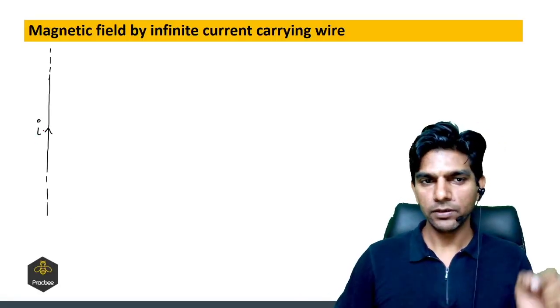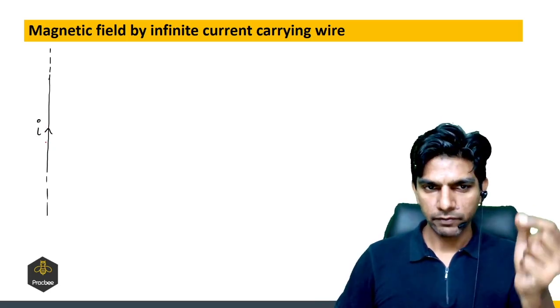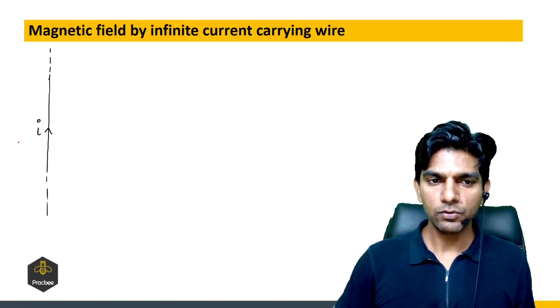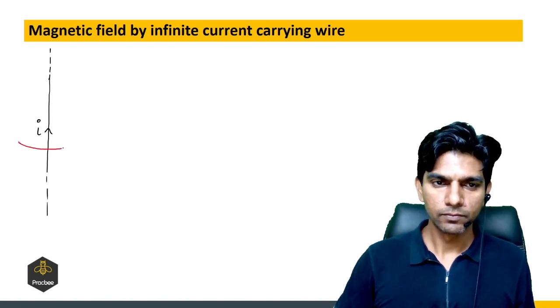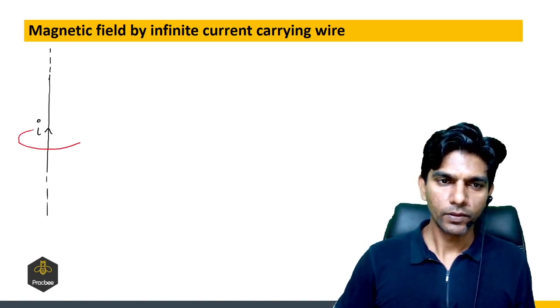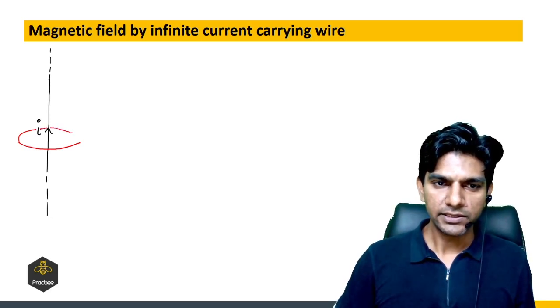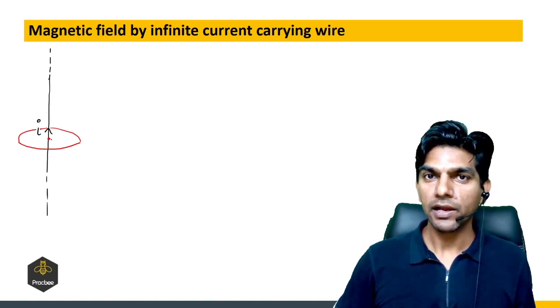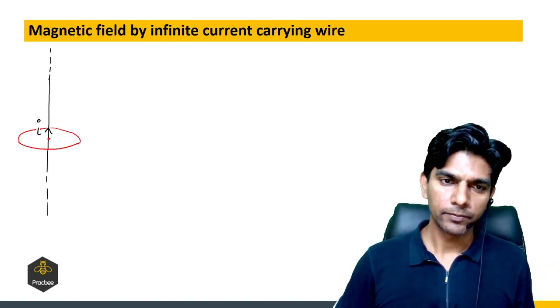When we have a line current, an infinite current carrying wire, in this case I will consider a circular Amperian loop. The center of this circle will lie on the current carrying wire.